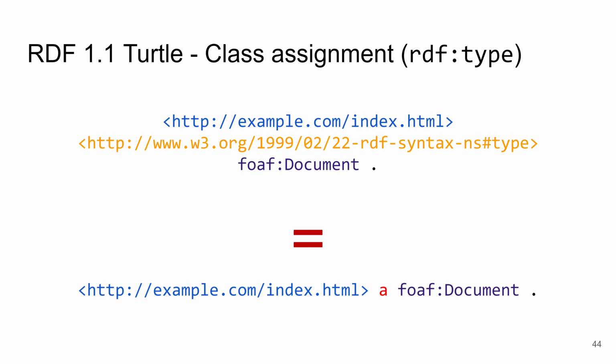This orange IRI is the full IRI of this special RDF type predicate. And it is so commonly used that in Turtle it has this replacement word a. It is a because it is read as this is a FOV document. So when you read it as a, it stands for the RDF type predicate, which you can see in full on the top of the slide.